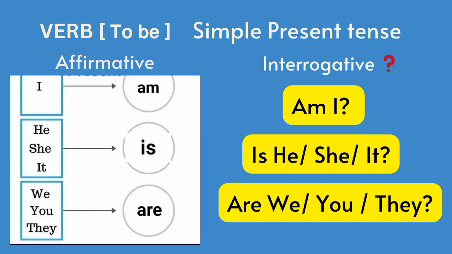He, she, it is changes to is he or is she or is it. For example, is he your brother? We, you, they are, that is, the plural form, will change to are we, are you, or are they.